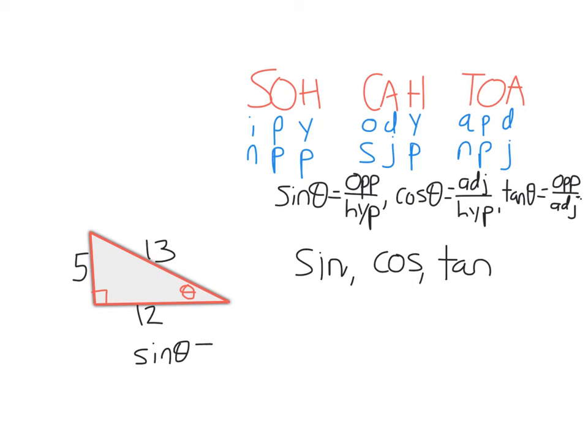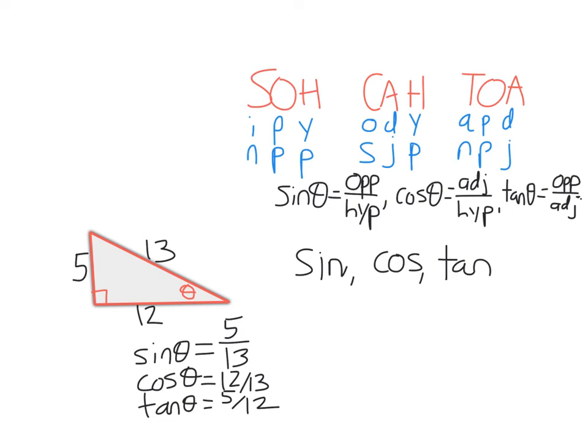Cos theta is adjacent over hypotenuse. So it's the adjacent side, the side next to theta, over the hypotenuse. So it's 12 over 13. Tan theta is opposite over adjacent. Make sure you can label all of the sides as well as find the ratios sine theta, cos theta, and tan theta.